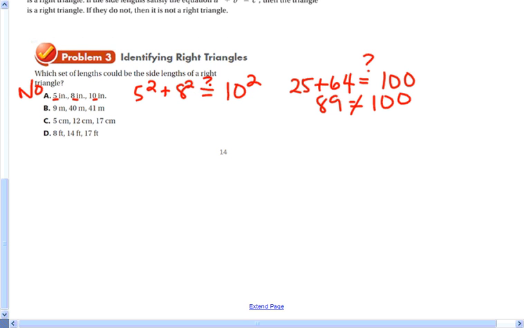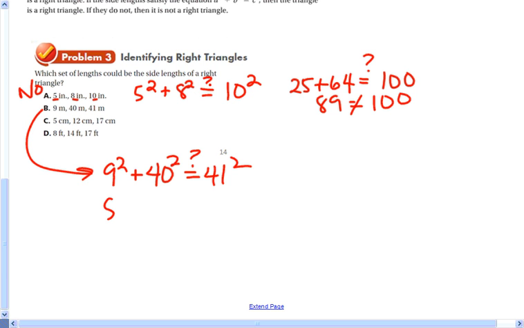All right, the second one, B. We want 9 squared plus 40 squared to equal 41 squared if it's a right triangle. Question mark. 81 plus 1600. Is that equal to, let's see, 41 squared?